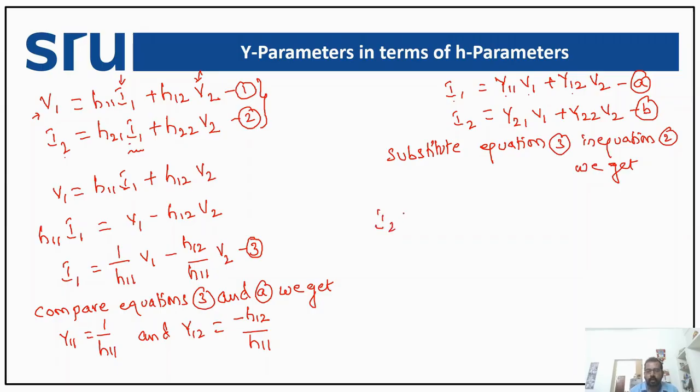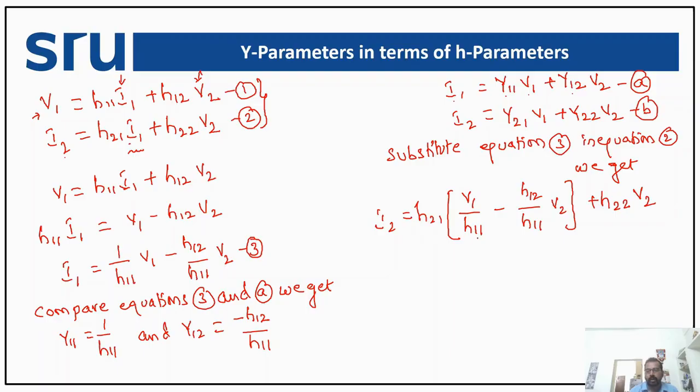I2 is equal to H21 (V1 by H11 minus H12 divided by H11 V2) plus H22 V2 here.